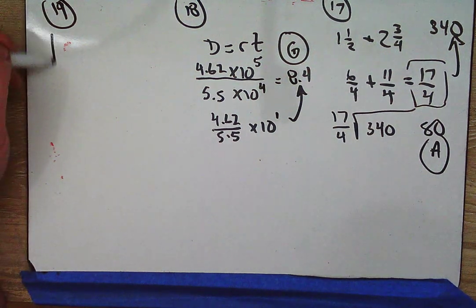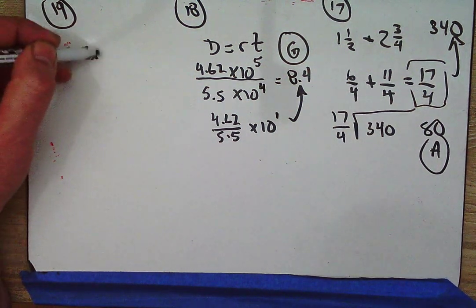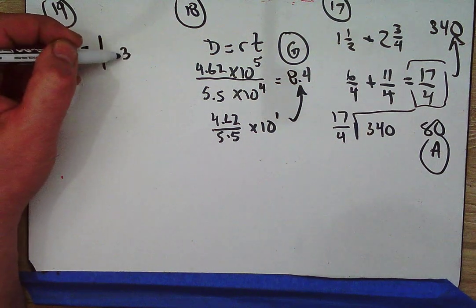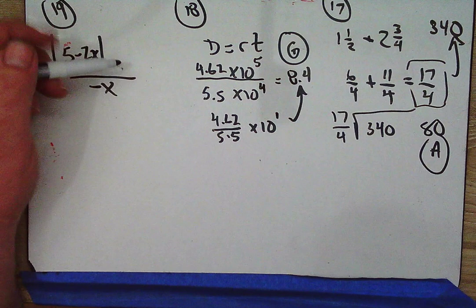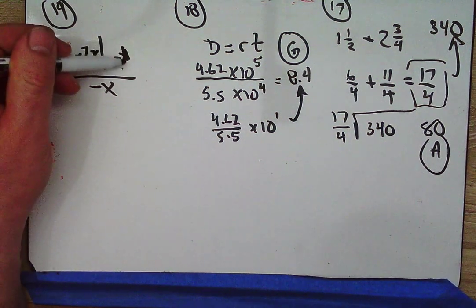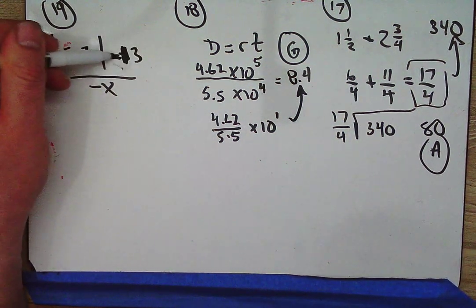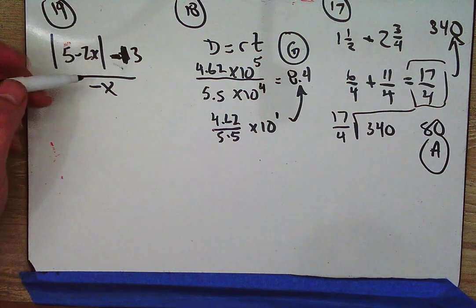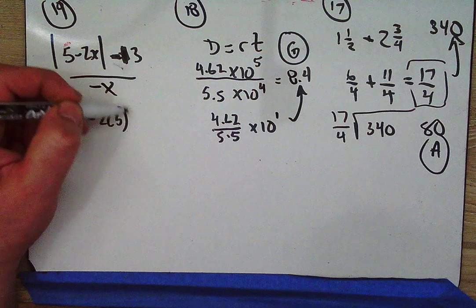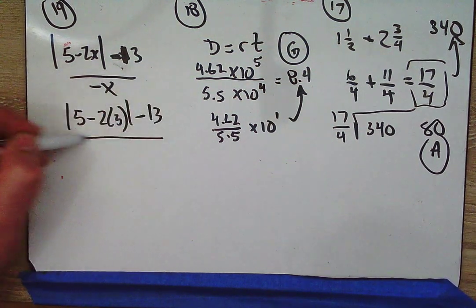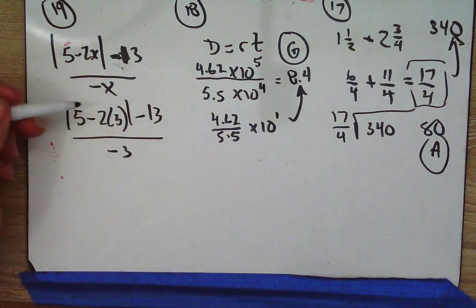19. What is the value of absolute 5 minus 2x minus 13 over negative x, when x equals 3? So we've got absolute 5, 2 times 3, minus 13 over negative 3.